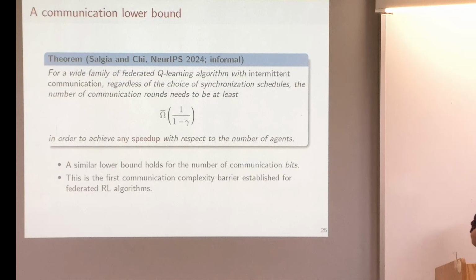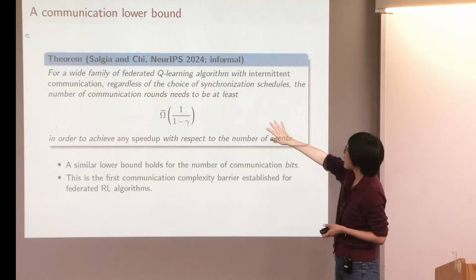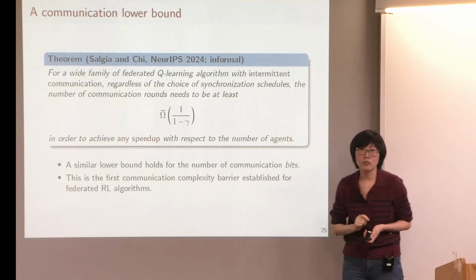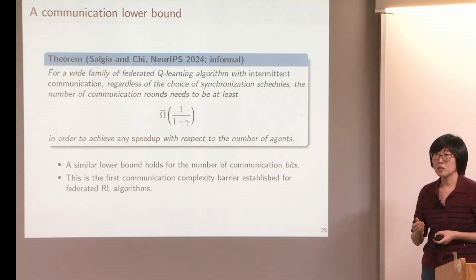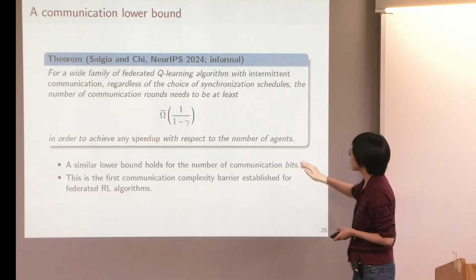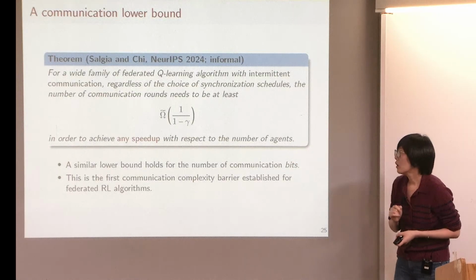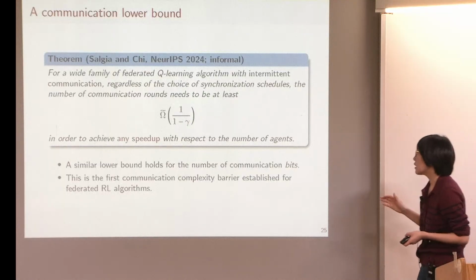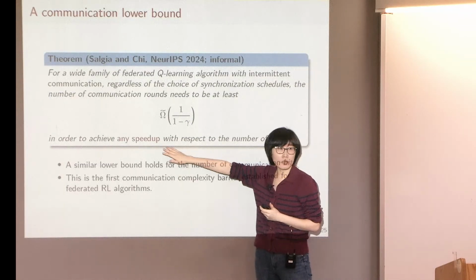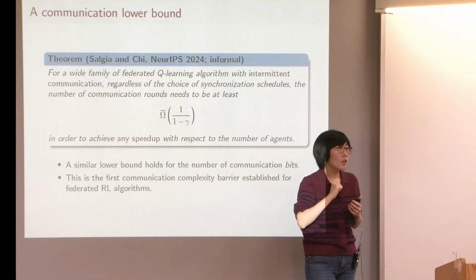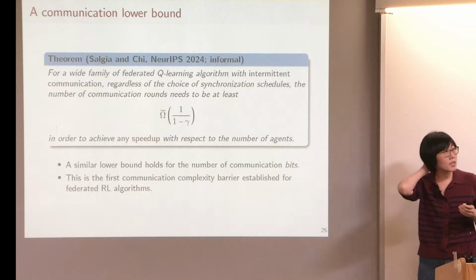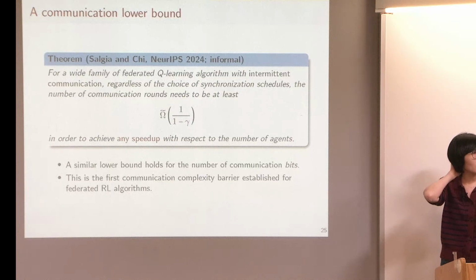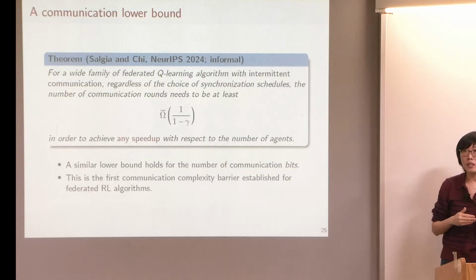But the number of communication rounds you have to make is at least on the order of the effective horizon in order for you to achieve any sort of speedup in your sample complexity with respect to the number of agents. Again, the interesting thing here is this is not just about linear speedup, right? You can be a little bit pessimistic by saying, oh, I'm very happy if I can just get maybe some sublinear speedup, with the hope that you can reduce your communication cost.